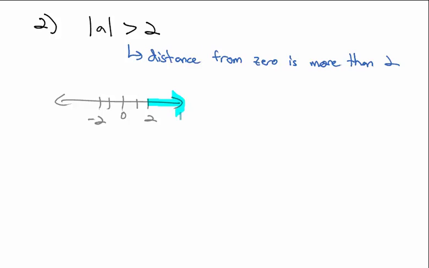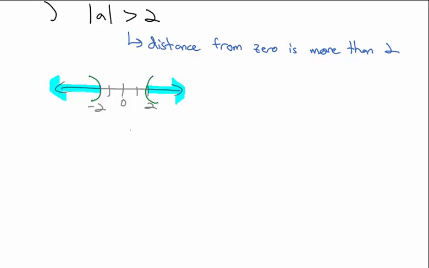That'd be from 2 up. Those all have greater distances. Or from negative 2 down. Those distances from 0 are again greater. So we're going the other direction. And we jump over a gap with a union. So we will say from negative infinity, which is all the way to the left, to negative 2, union, jumping the gap, from 2 to positive infinity.